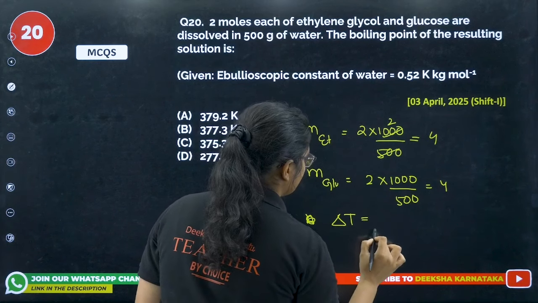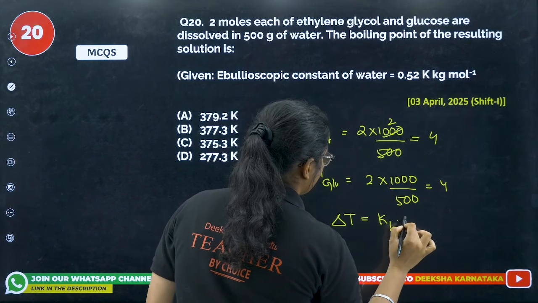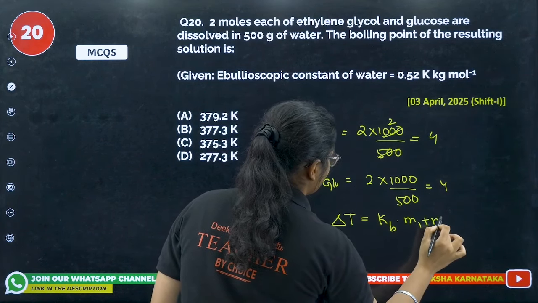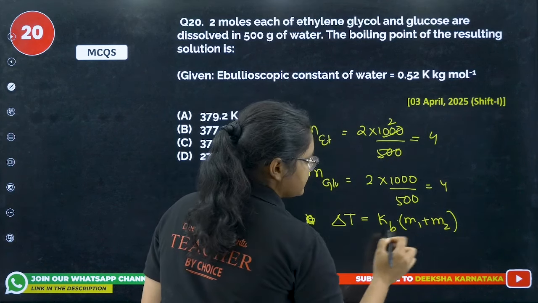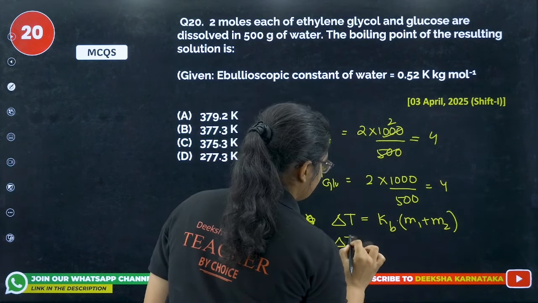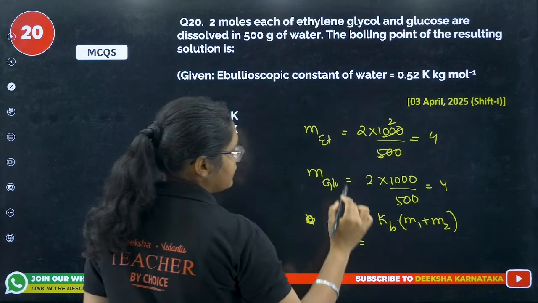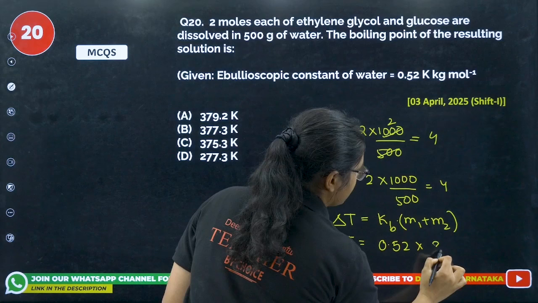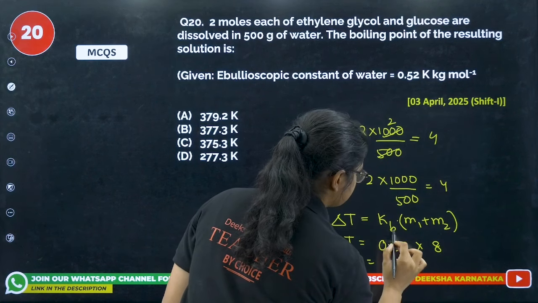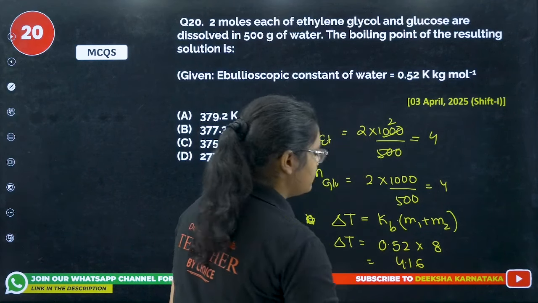So I can just write down like this, delta T is equal to Kb into M1 plus M2. Then what is the value of Kb given to me? 0.52, and M1 plus M2 is 8. So that will give me 8 2s are 16, 41, 4.16.